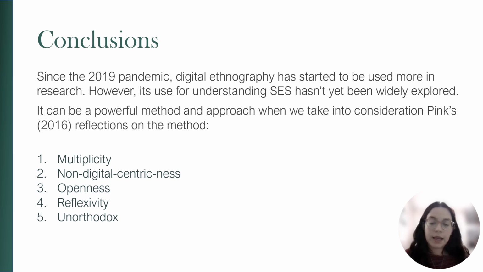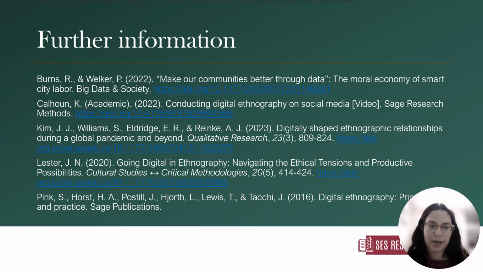And also in this book, Pink invites us to be open about how digital ethnography can be used, to be reflective about how we're conducting it, and to also embrace unorthodox and creative methods like this one.